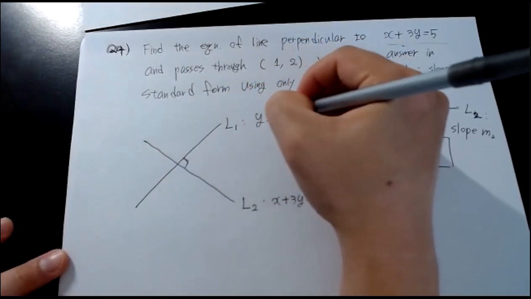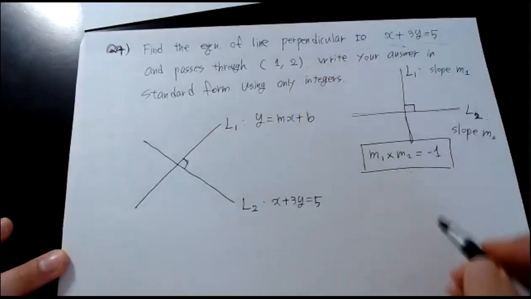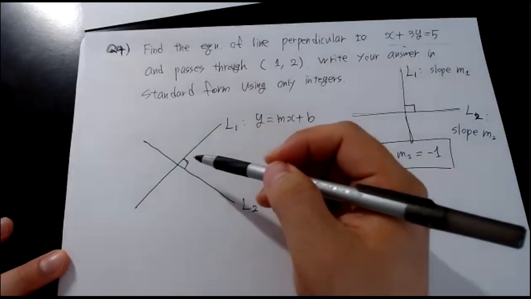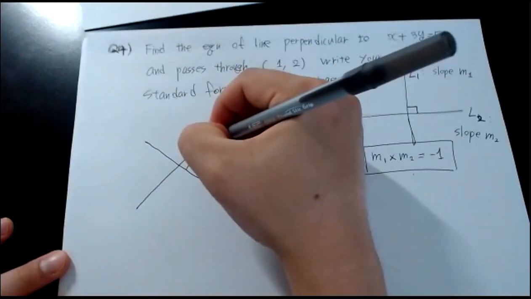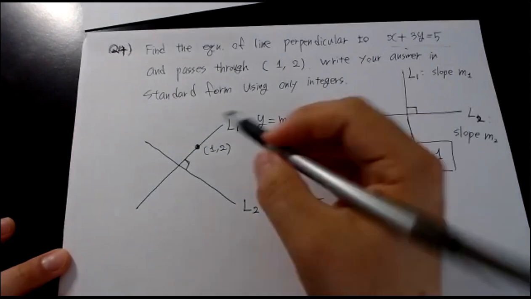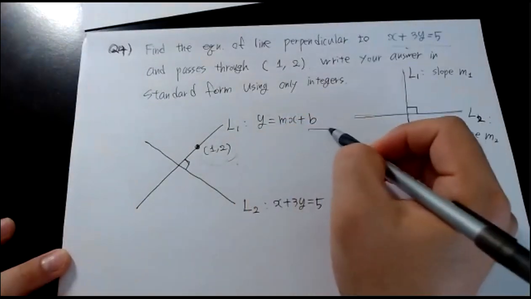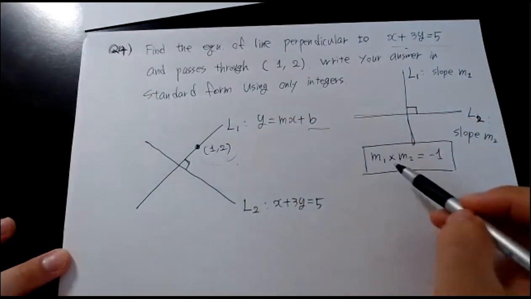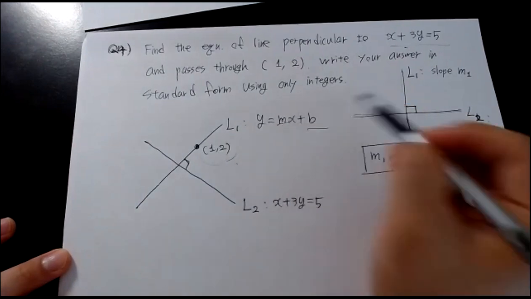Let's say y is equal to mx plus b. This line passes through (1, 2). So we're going to use (1, 2) to find b, and I'm going to use this formula to find m. So here's the solution.